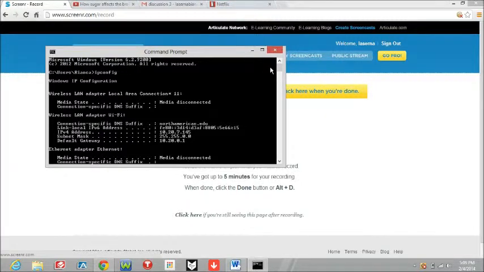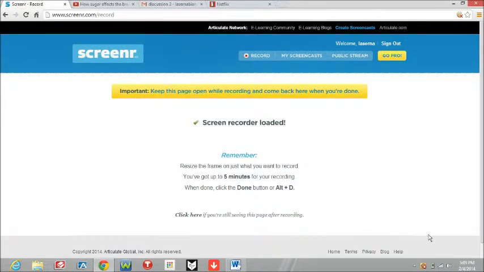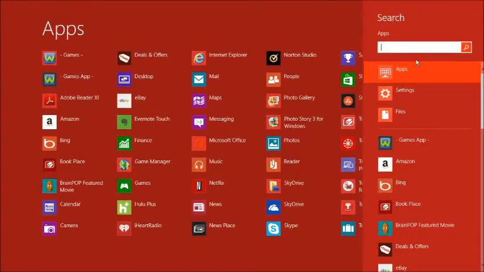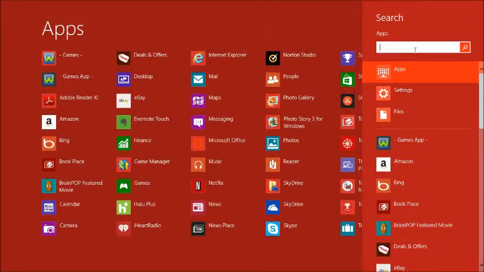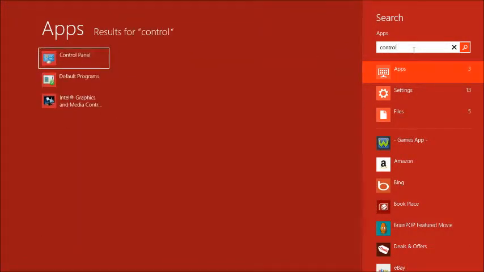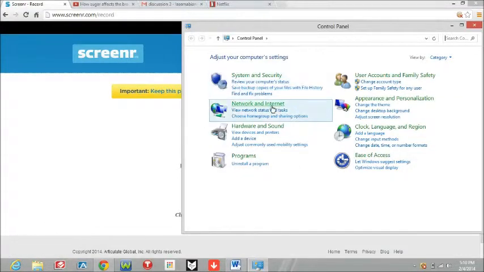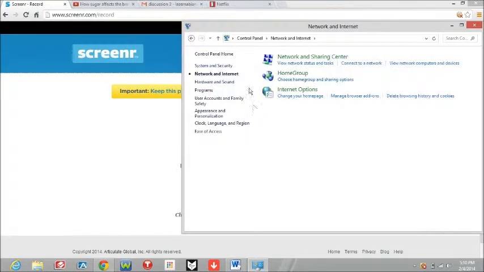Another way to find the IP address is to go to Start again, search, and type in control panel. Here it is, control panel. From there we need to go on to network and internet.